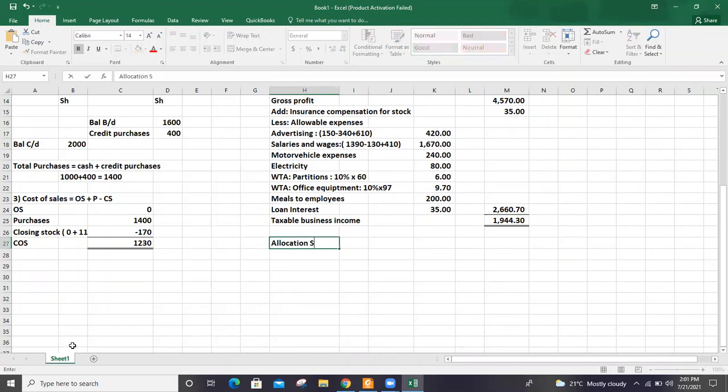Yes. Allocation schedule. We have one partner known as Sharon, and you're having Primus. And we have their total.